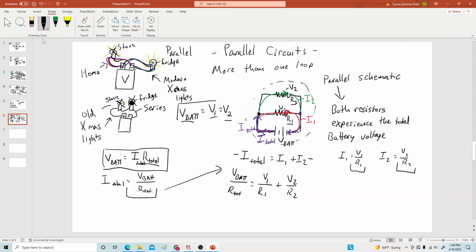But because the voltages are equal everywhere, they cancel out, and I'm left with the formula 1 over R total is equal to 1 over R1 plus 1 over R2.